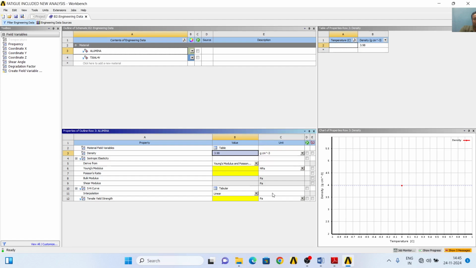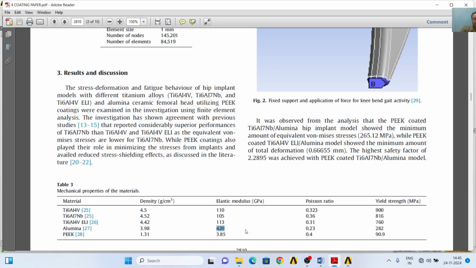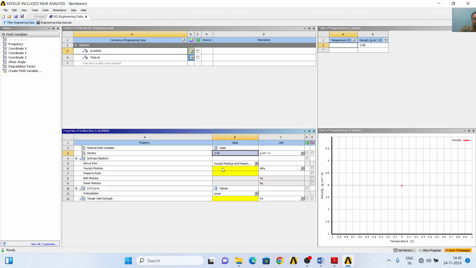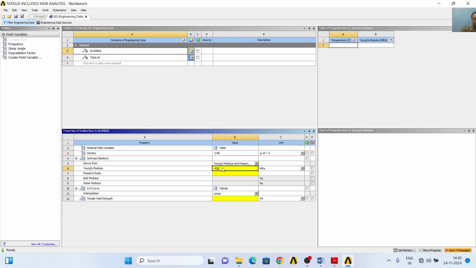As there is no gigapascal, I will add 3 additional zeros to 420. So it is now 420 gigapascal, or 420,000 megapascal.